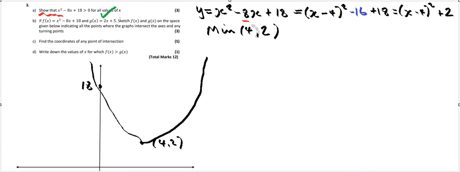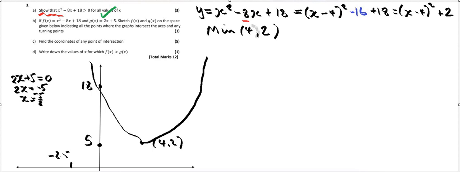Now I've got 2x plus 5, that's a linear graph. I know that when x is 0, that's 5, so my y-intercept for that one is going to be down here. Where's it going to cross the x-axis? Where 2x plus 5 equals 0, so 2x equals minus 5, so x equals minus 5 over 2, which is minus 2.5.